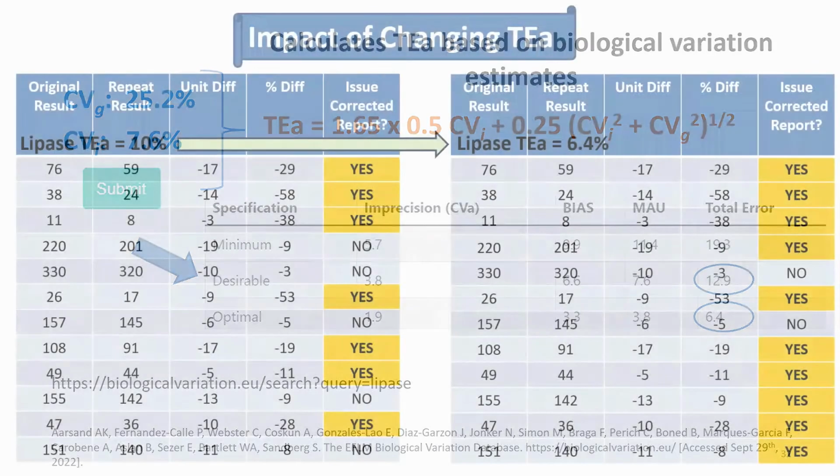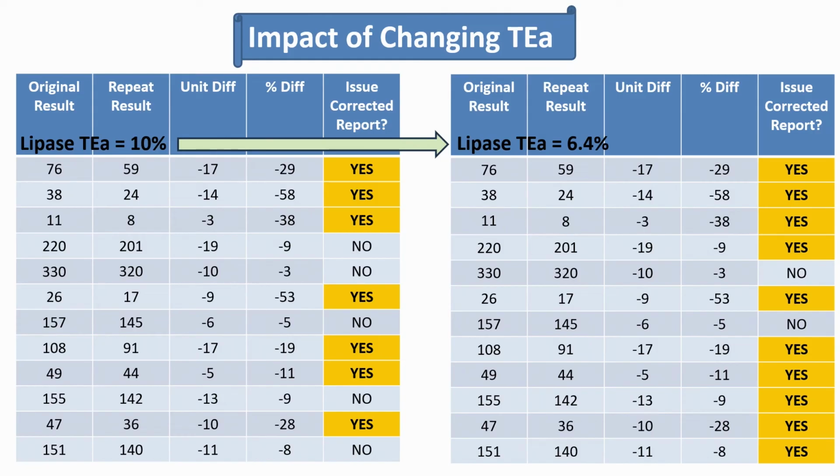Now, if I wanted to switch to the optimal of 6.4%, my quality specification or allowable error limit has changed. That will impact the number of corrected reports they need to issue for the same amount of difference when we repeat the QC after we've corrected the problem. So changing the allowable error limits changes the impact on the activity that you're applying it to.